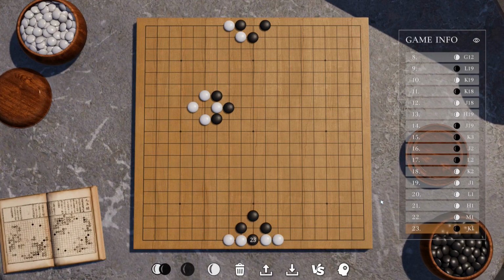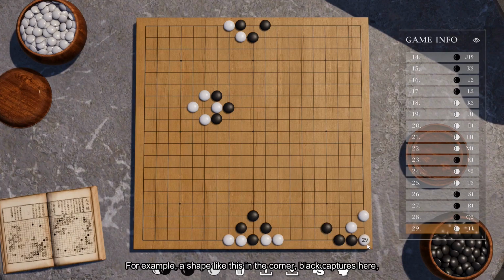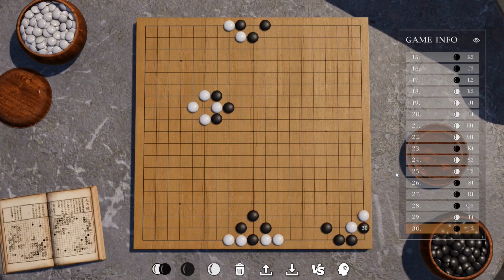Let's look at the corner. For example, a shape like this in the corner, black captures here. This is also a KO.